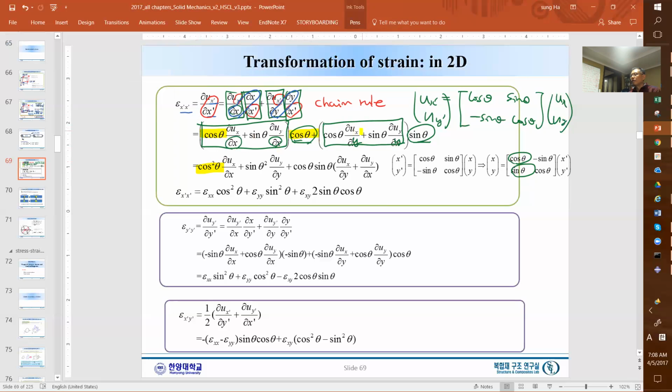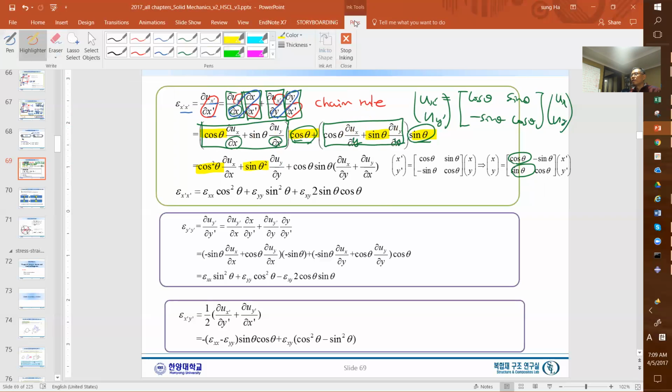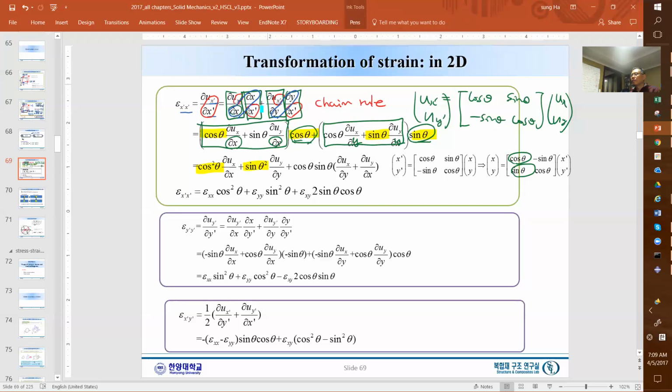And there is a sine theta and sine theta, we have a sine square. And also we can have a sine theta and cosine theta. We have a cosine theta and sine theta. We have this term.